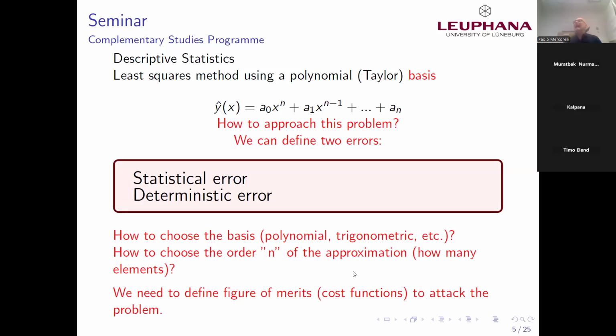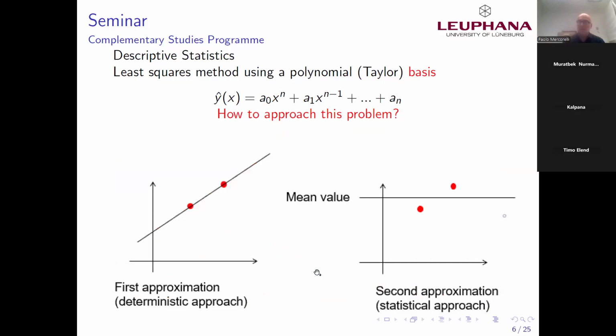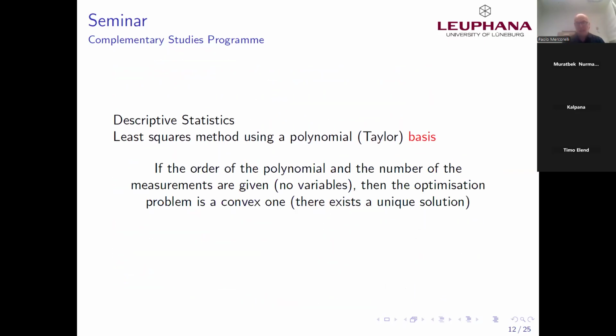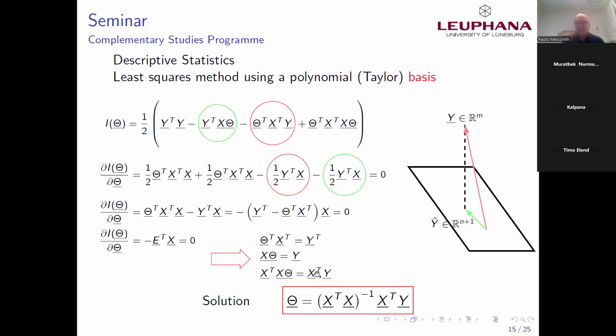you remember this idea? We described the process, the reality, let me say, considering two kinds of errors, statistical and deterministic one. Then you remember very quickly this possible solution. I don't want to go in depth. I didn't explain much about that.